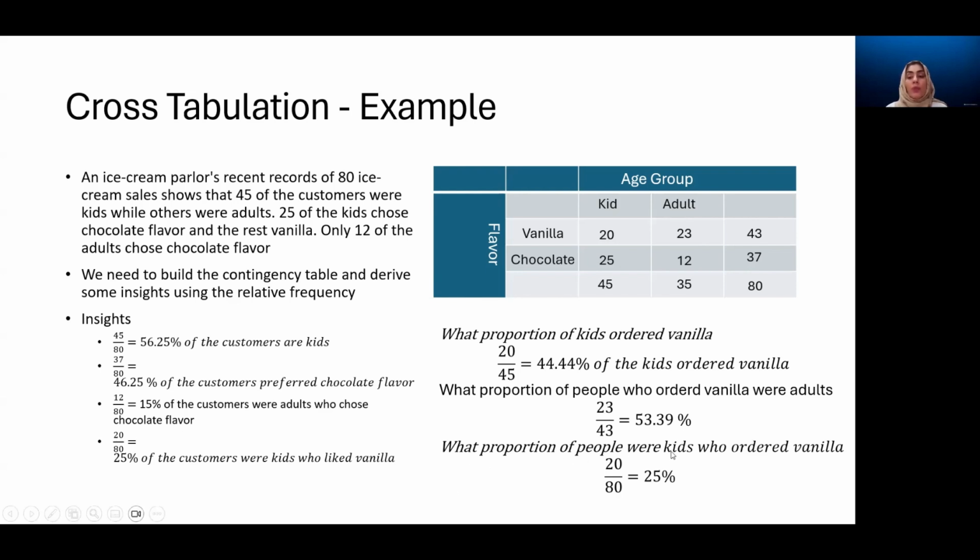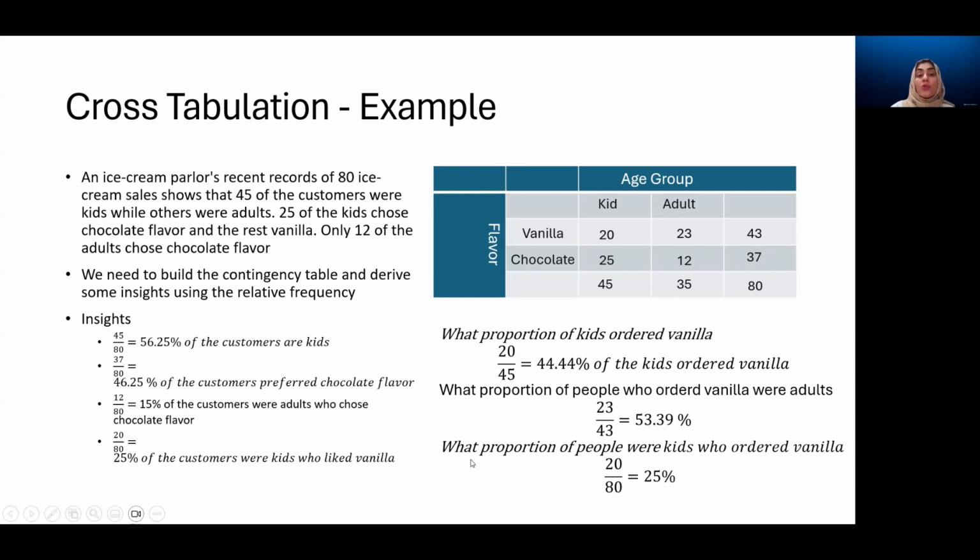Similarly, what proportion of people were kids who ordered vanilla? Since we are not mentioning a specific category to take the proportion out of, it is the proportion of the overall people. You need to note the difference between these two percentages. Here we are actually looking at the proportion of kids who ordered vanilla. So that is why we took 43 as the marginal total to compute the relative frequency.